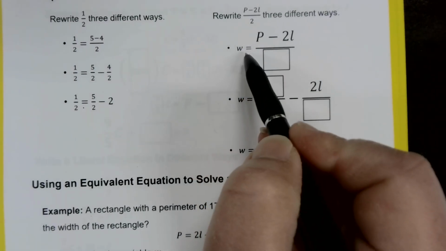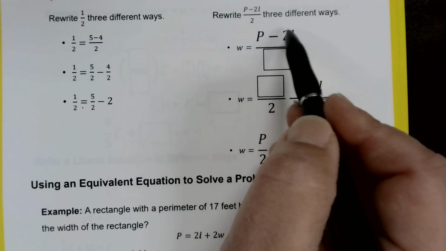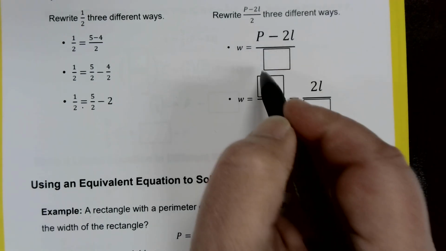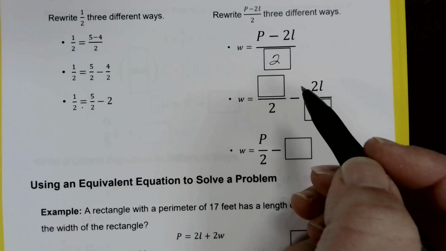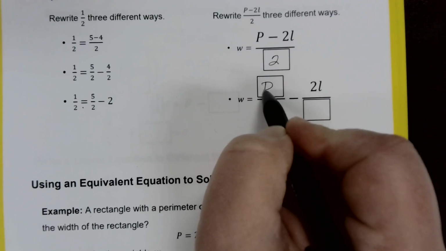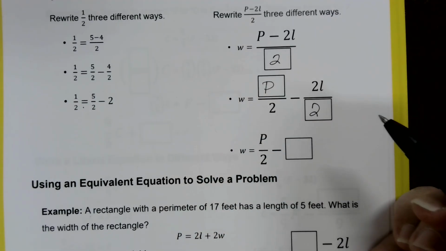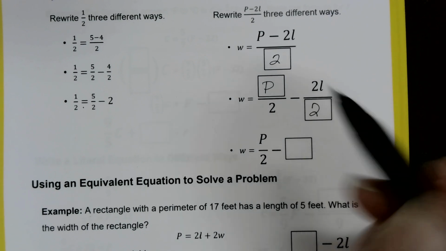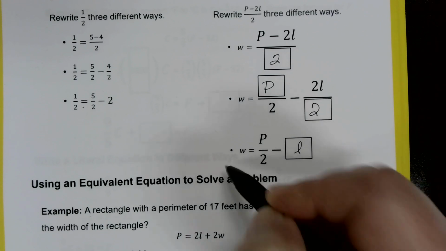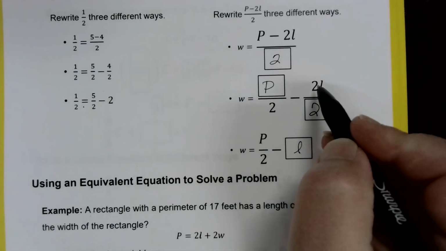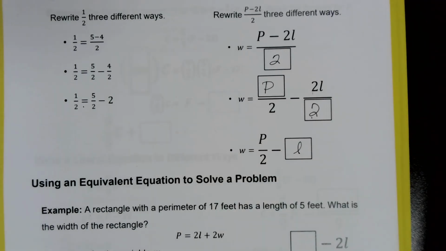I've got W equals P minus 2L over 2. That's what we'll start with. But then I could split it up to be P divided by 2 minus 2 times the length divided by 2. Same thing. Or P over 2 minus the length would give me the same thing, because 2 divided by 2 is actually 1, so that would cancel that out.